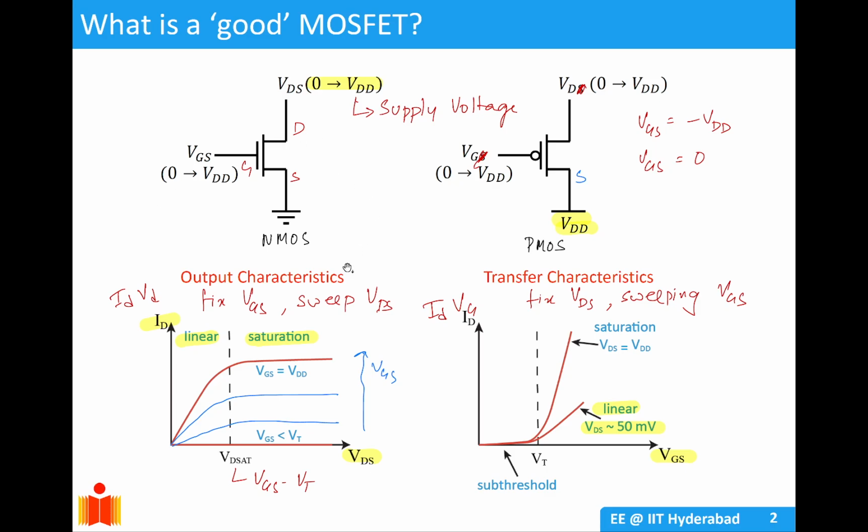Now two types of IV characteristics are extracted from a MOSFET. One is output characteristics, one is transfer characteristics. Output characteristics are called ID-VD, that is your drain current with respect to drain voltage.